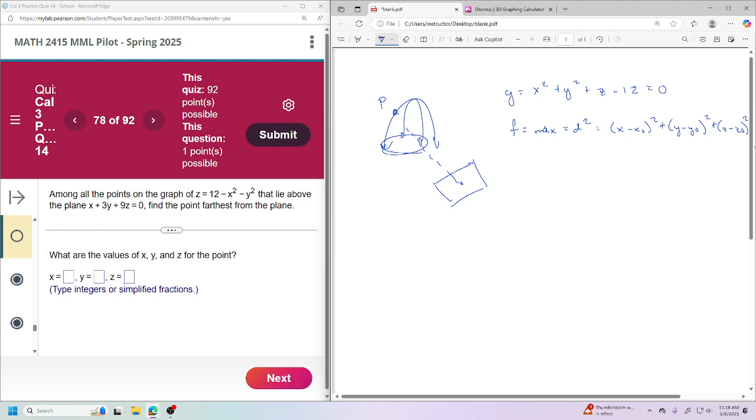X and Y. But what I could do is solve for z and plug it in, but that's not. Give me a second to think about this again. Man, y'all are stumping me.